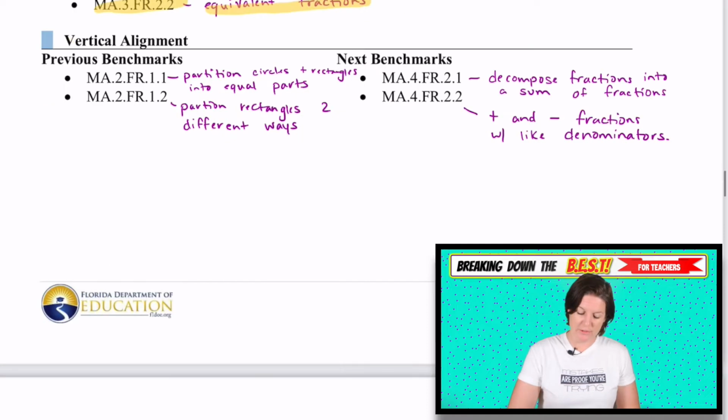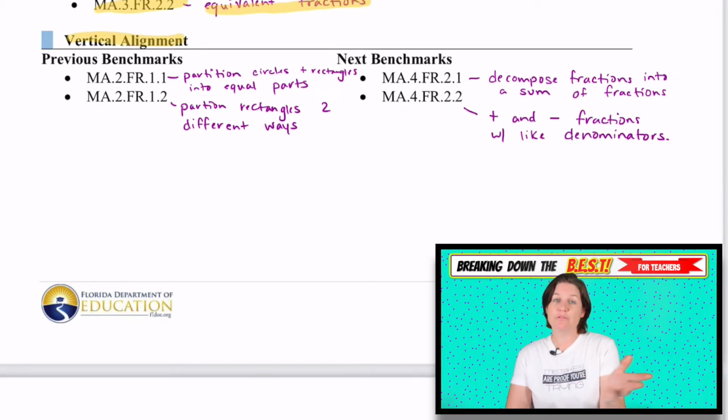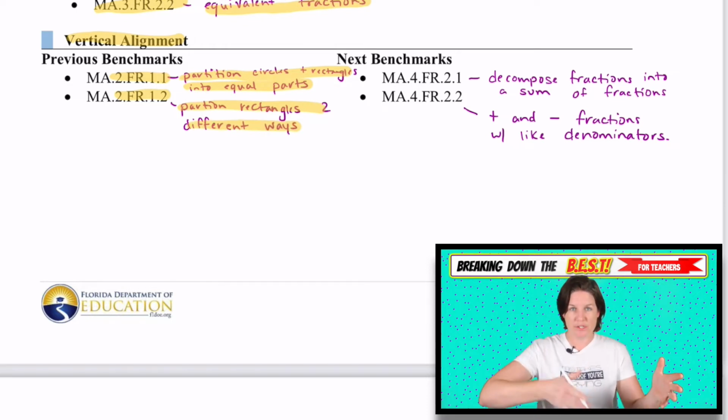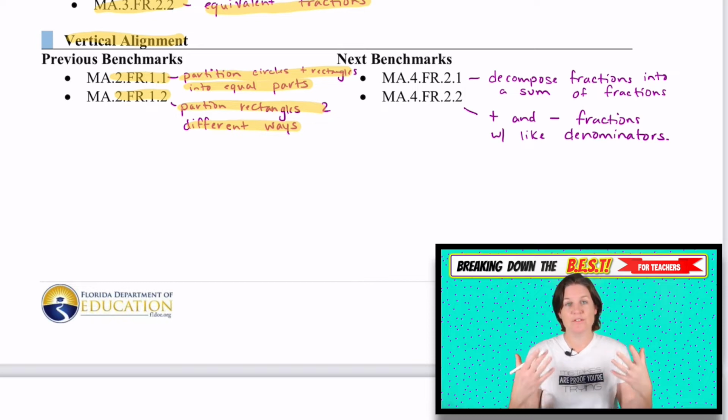Vertical alignment: where are they coming from in 2nd grade? Well, 2.FR.1.1 was partitioning circles and rectangles into equal parts, and 2.FR.1.2 was partitioning rectangles 2 different ways. So they have had some exposure with partitioning shapes. Now we're taking that up a notch.